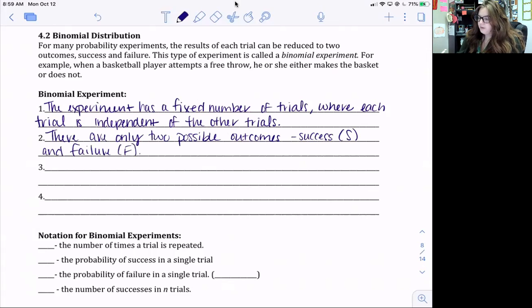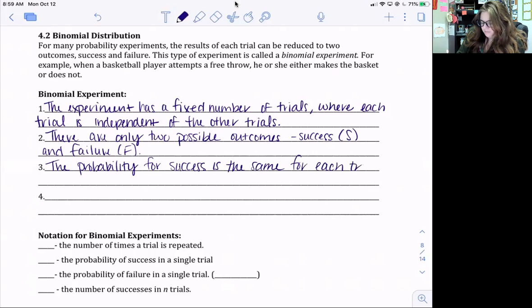The third is that the probability of success is the same for each trial. And the last one is that the random variable x counts the number of successes.